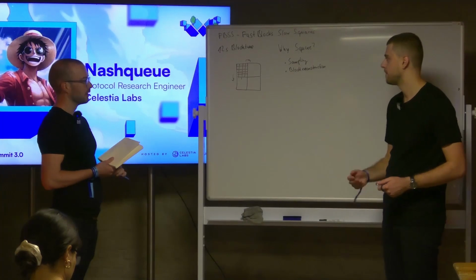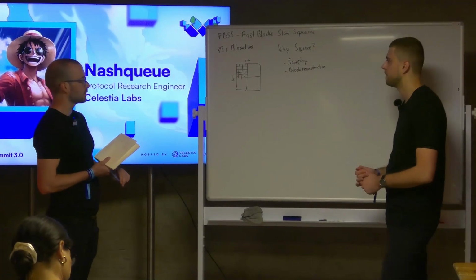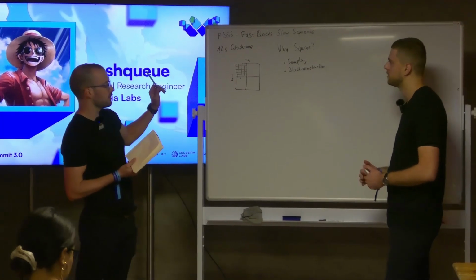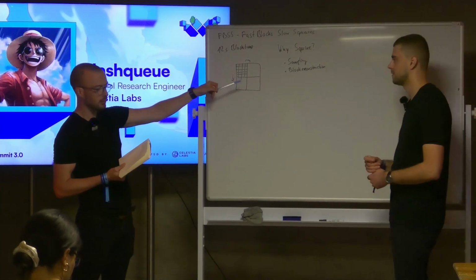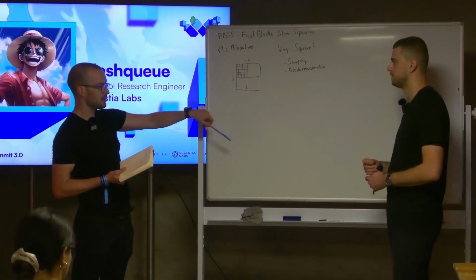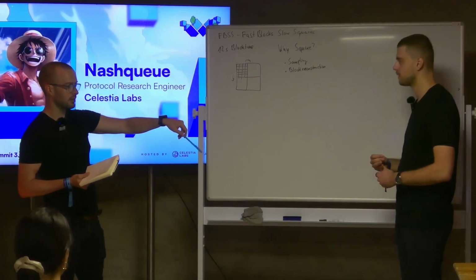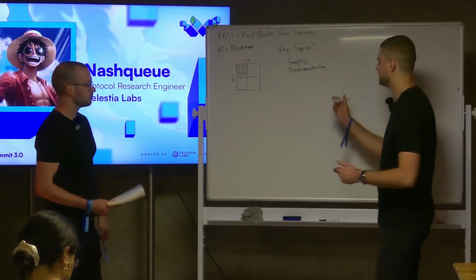Yeah. But the thing that we're separating here is consensus. So we have data availability, making sure that the block is the actual correct good block. Yep. But then we also have consensus, which is simply ordering guarantees. Yes.